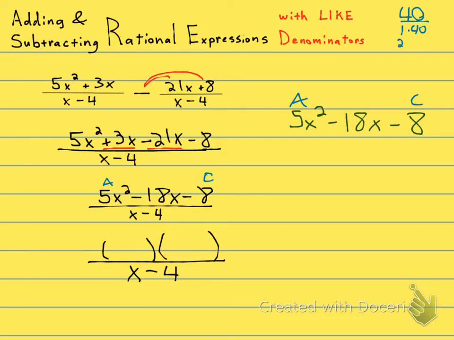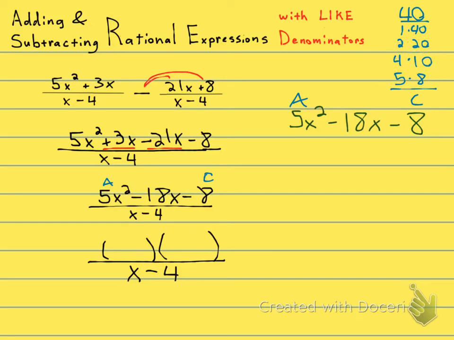It could be 2 and 20. 3 doesn't go into 40. 4 times 10 gives me 40. Or it could be 5 times 8. Let's try 6. No, 6 doesn't go into 40. 7 doesn't go into 40. 8. Stop there.